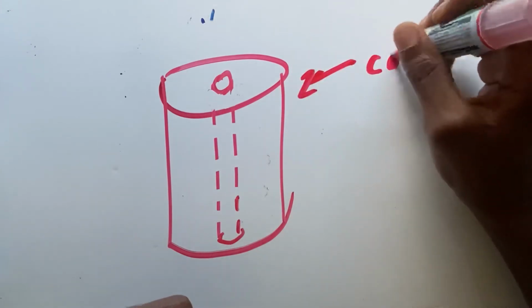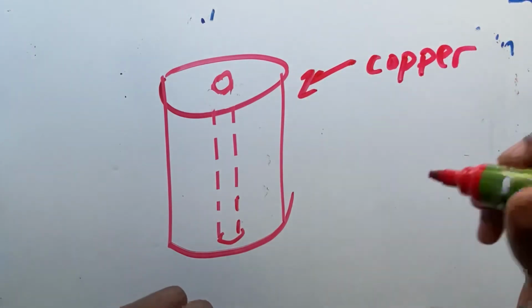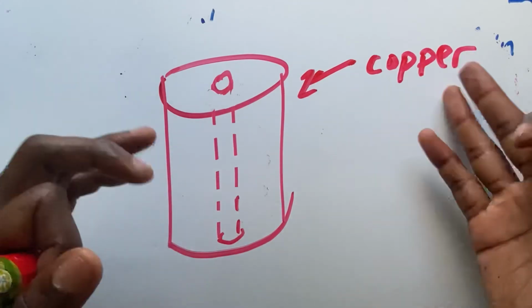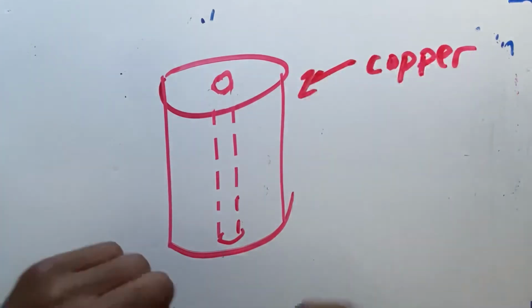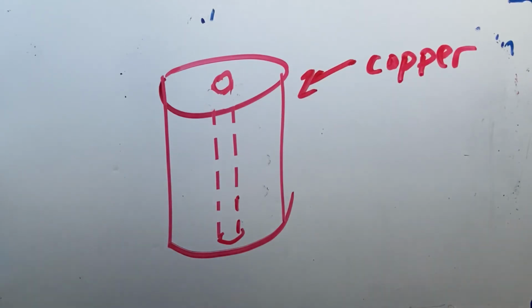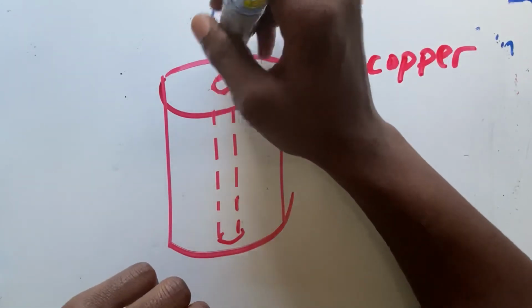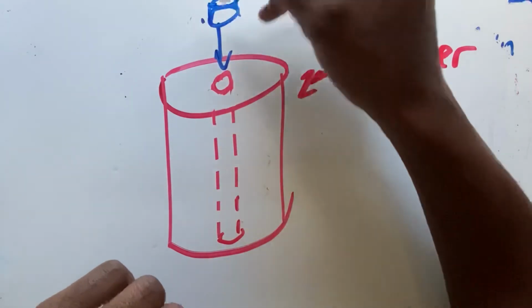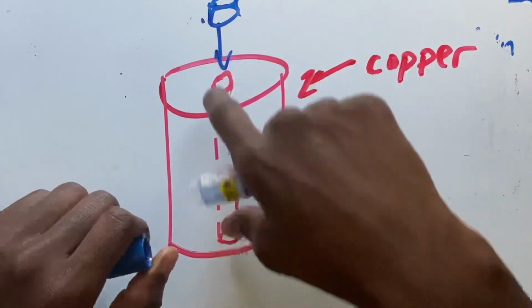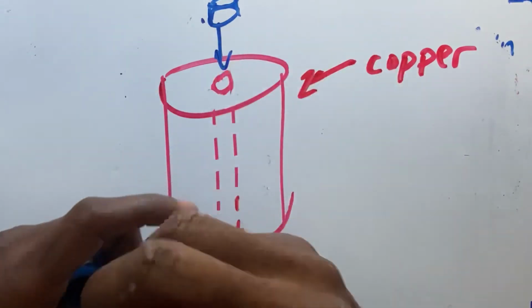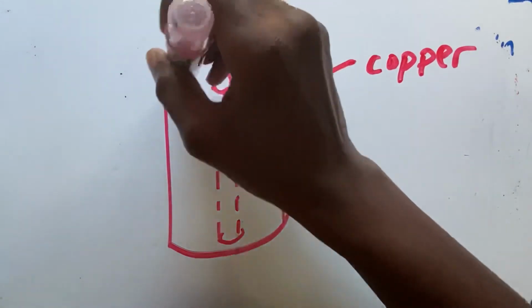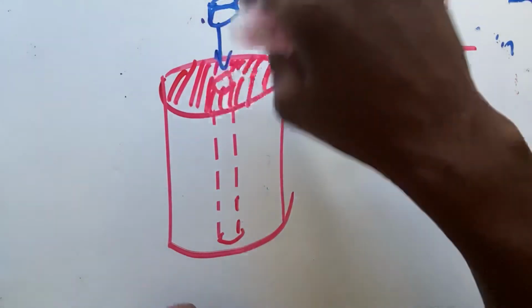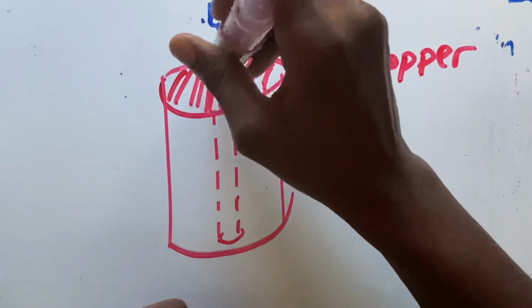This is a copper cylinder. So we know copper is a conductor, meaning that it can carry some charge. So this is just some copper cylinder. If we were to drop kind of a circular magnet down this tube inside of the copper, this copper is solid, and we're going to drop it down inside of it.